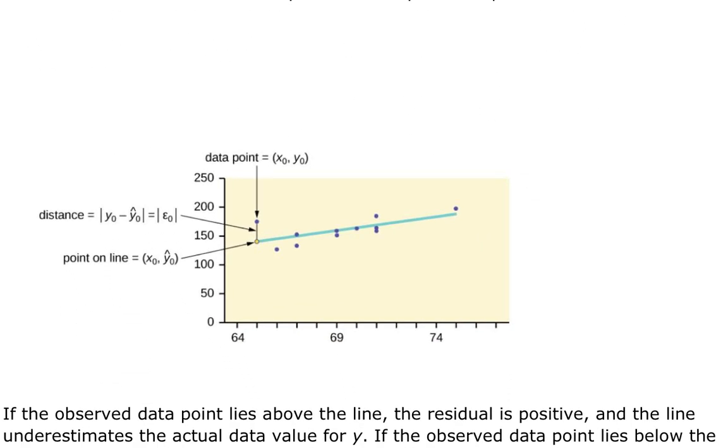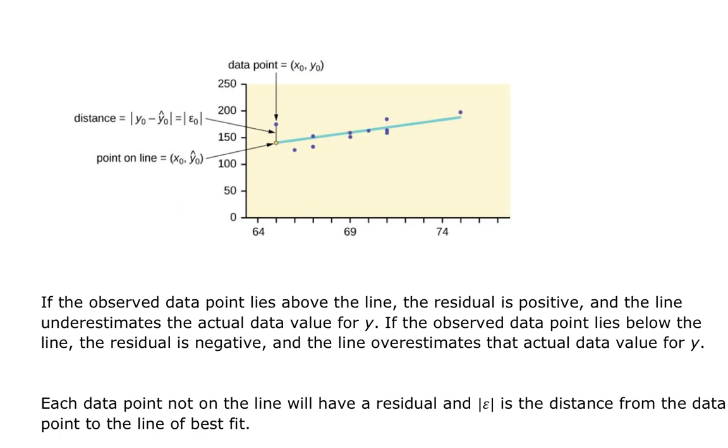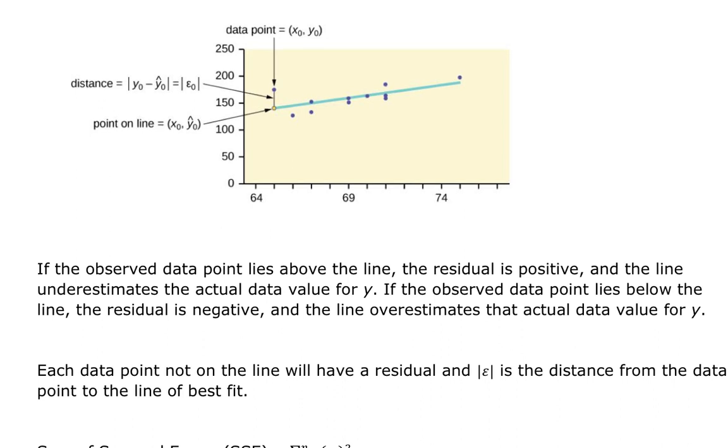Visually, this is what's happening. Here is the predicted value for y, and here's the actual value of y, and the distance between them is that error. If the observed data point lies above the line, the residual is positive, and the line underestimates the actual value of y.